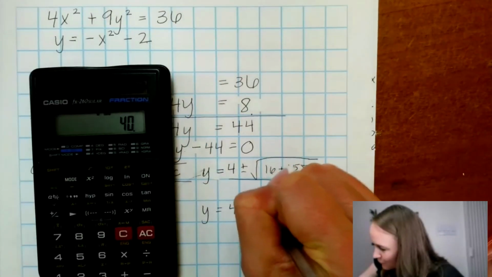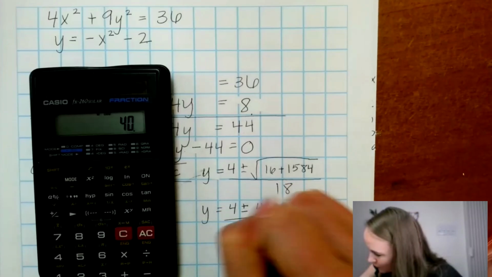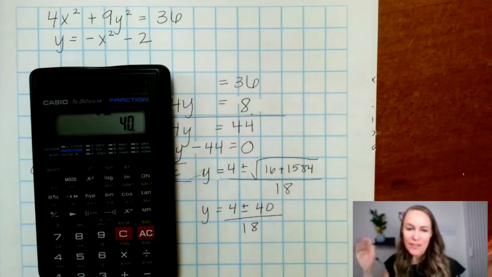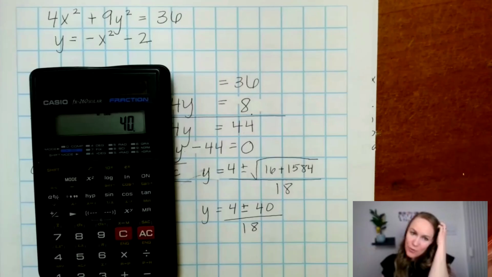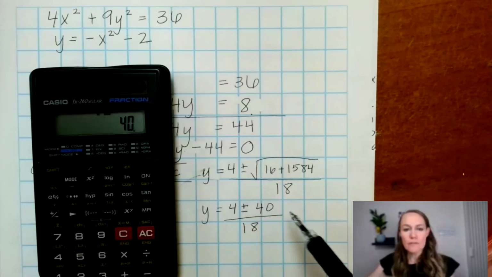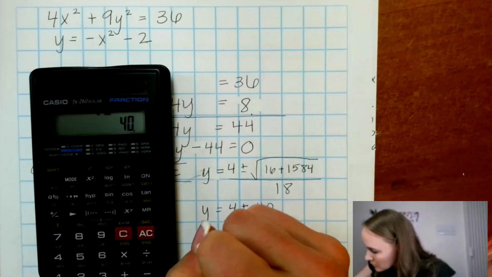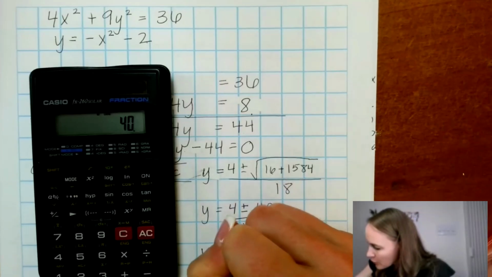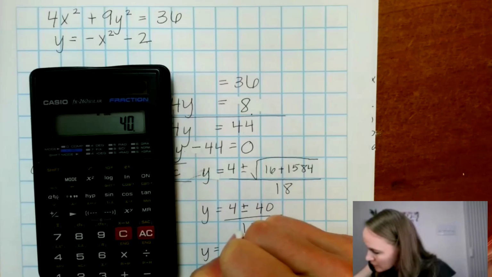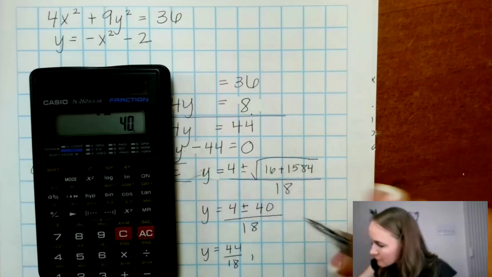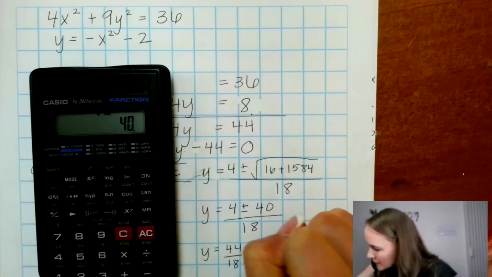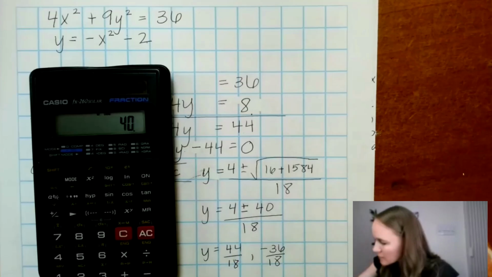So plus and minus 40 all over 18. Okay, this is looking really good. So 4 plus 40 is 44 over 18, comma, 4 minus 40, which is negative 36 over 18.